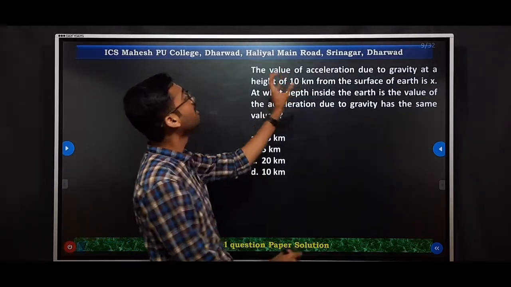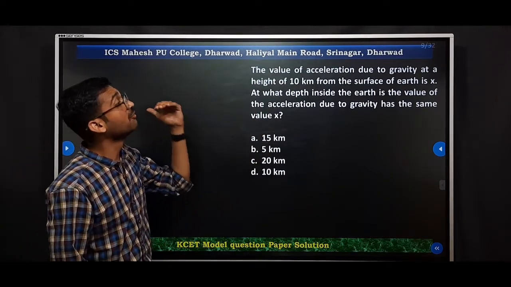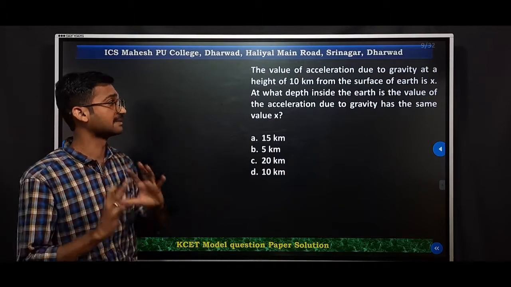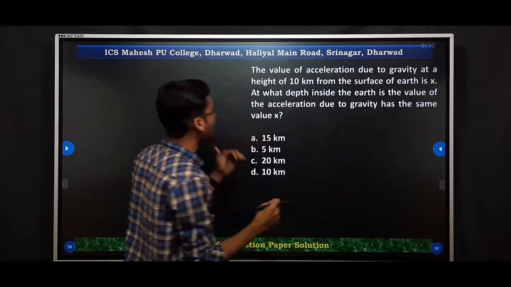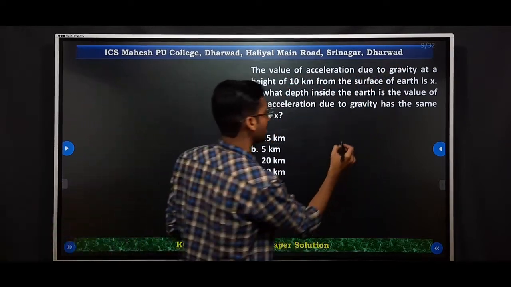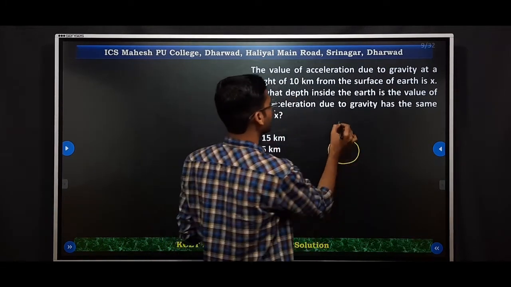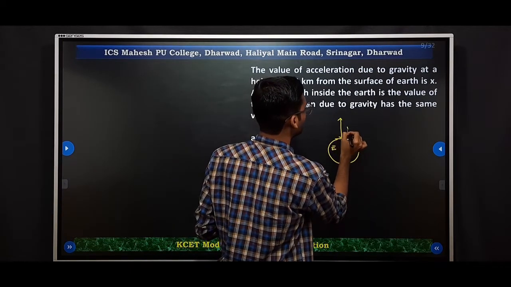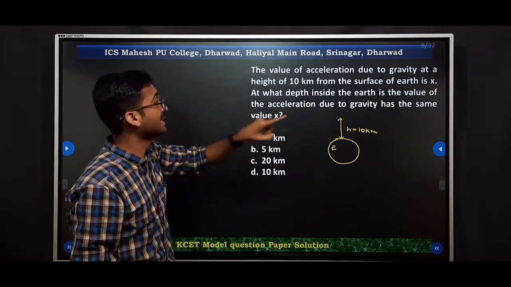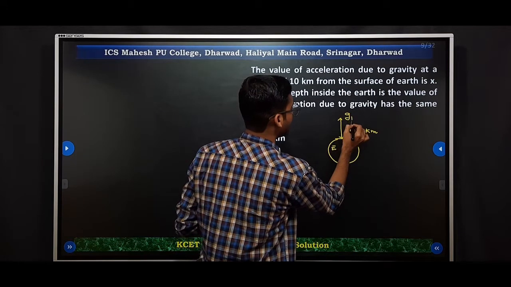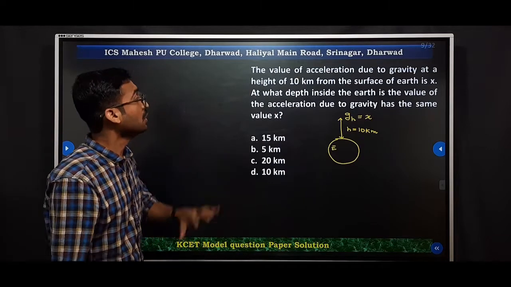The value of acceleration due to gravity at a height of 10 kilometer from the surface of the earth is x. I will bring this into the diagram. If I consider this as the earth, above this at a height of 10 kilometer we are having acceleration due to gravity, which we take as g subscript h, of magnitude x.